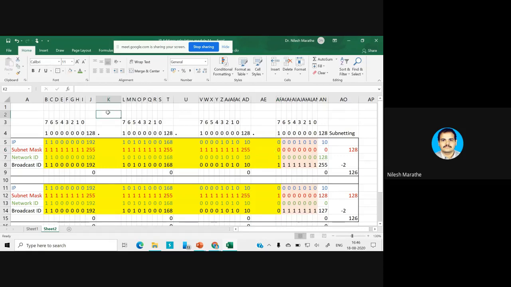A company has allocated an IP address as 192.168.10.0 to ABC company, with a subnet mask as 255.255.255.0.